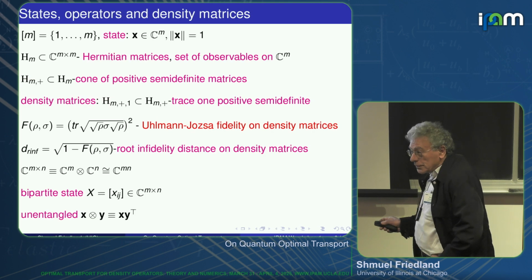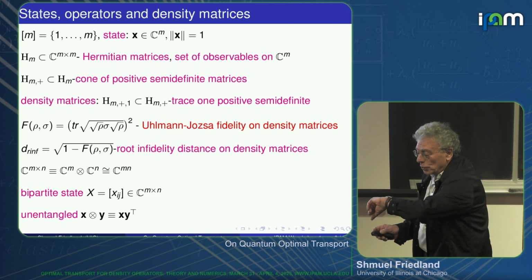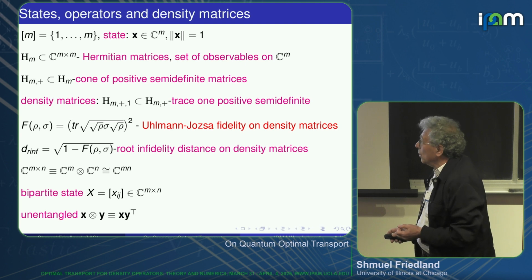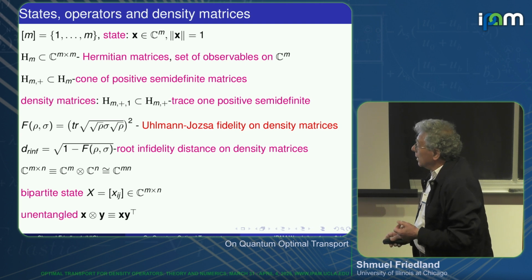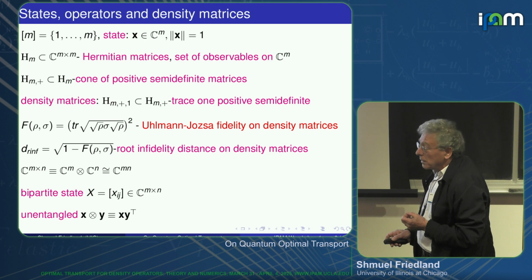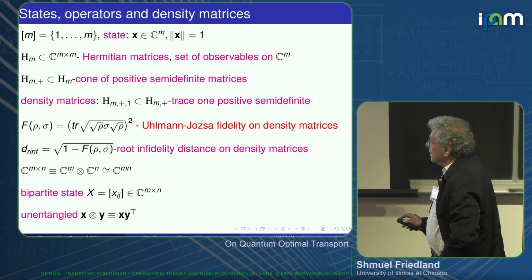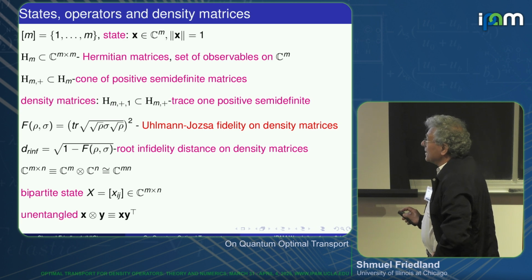So the next thing that we are going to do is talk about states and density matrices. So what is the difference between classical probability and quantum mechanics? It is as follows.